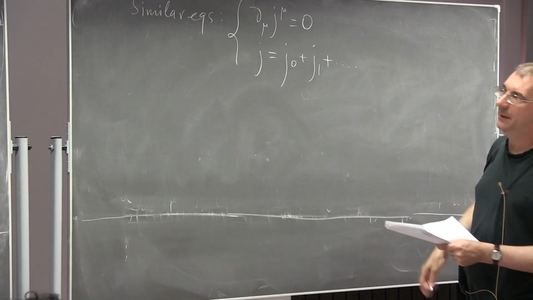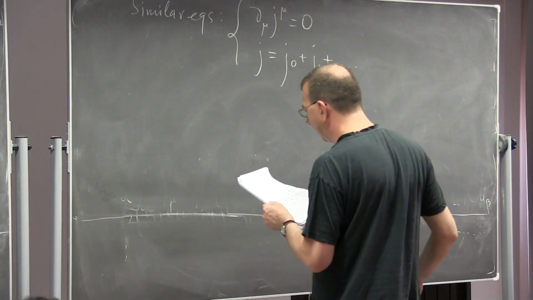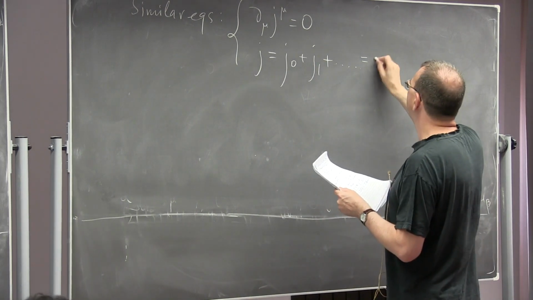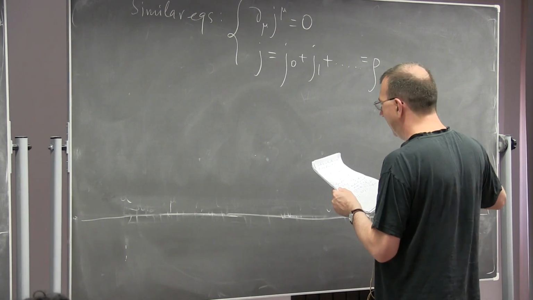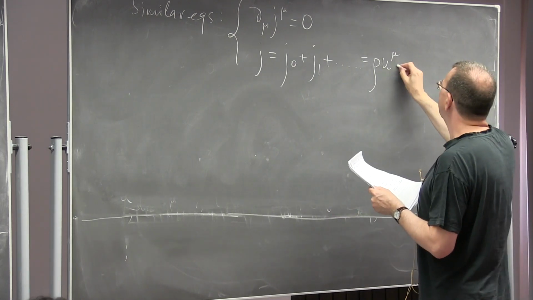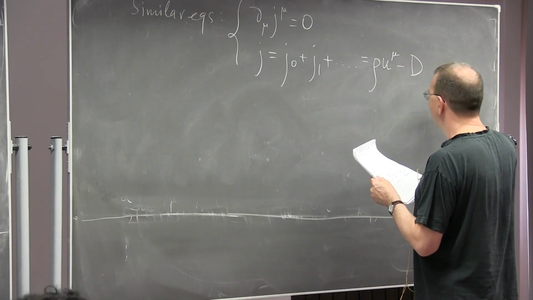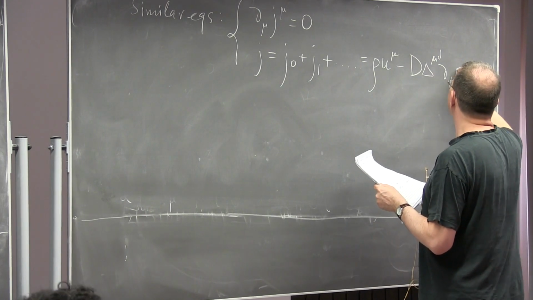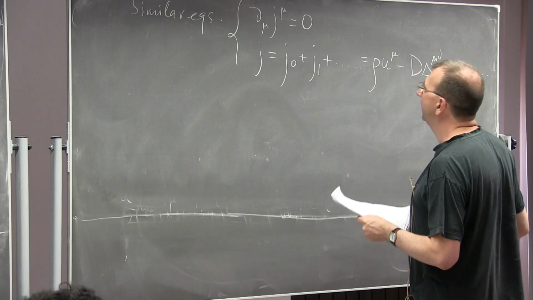In a similar fashion, the constitutive relation will start with, for example, a charge density rho, and then in covariant form it will be rho u mu, minus d delta mu nu d nu rho, plus higher derivatives.